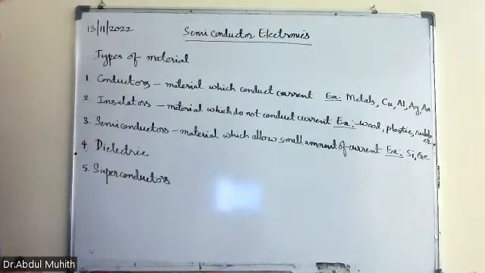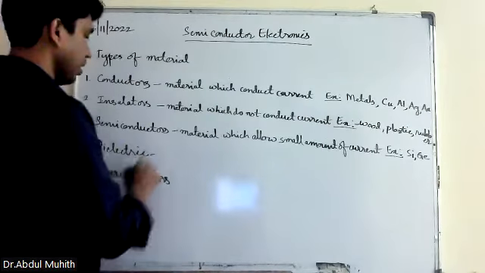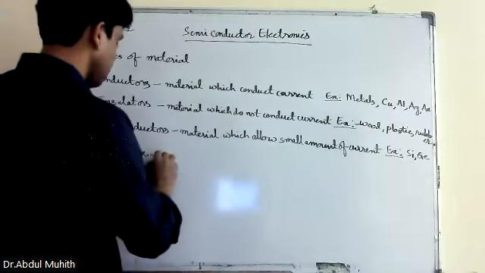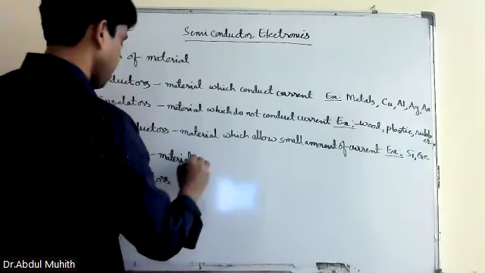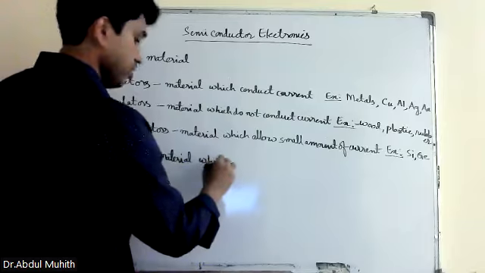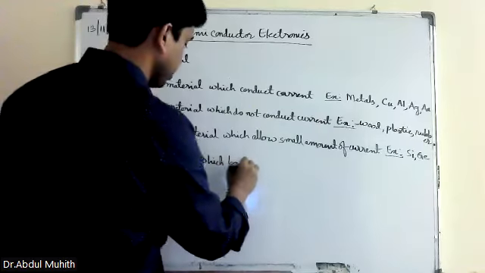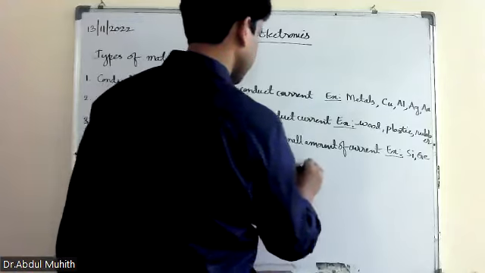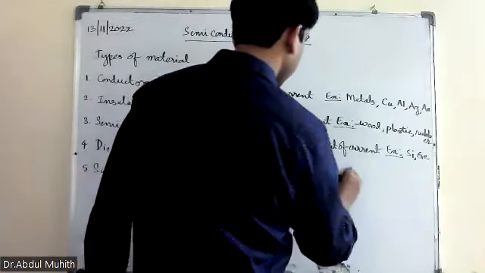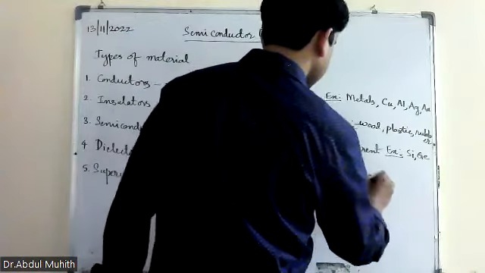Now, dielectric material. What are dielectric materials? Materials which have dipoles in them. Examples for this are mica and glass.